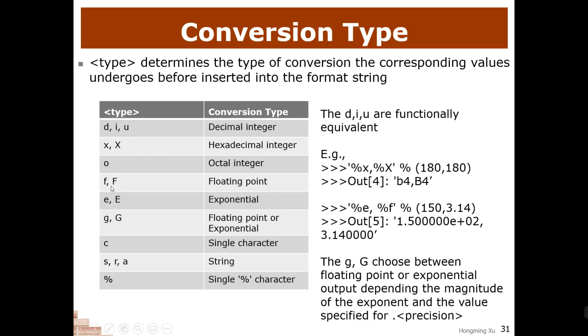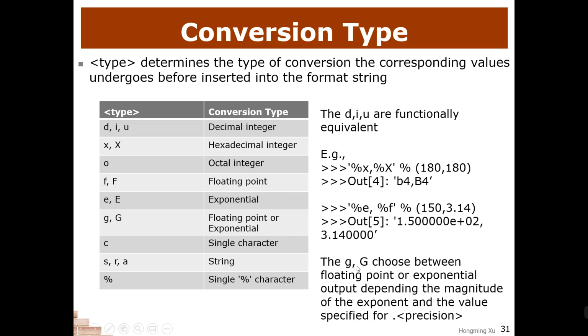And this is floating point, and e corresponds to the exponential. Here, g is a little difficult to understand. It corresponds to either floating point or exponential, and the output format will be determined automatically based on some criteria.